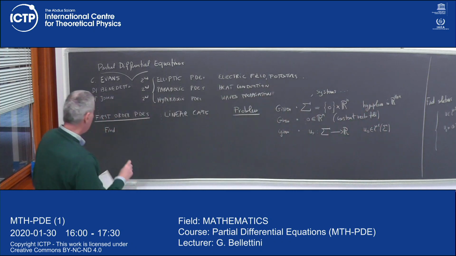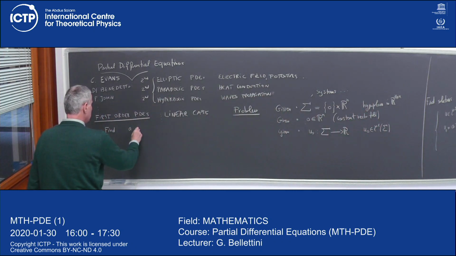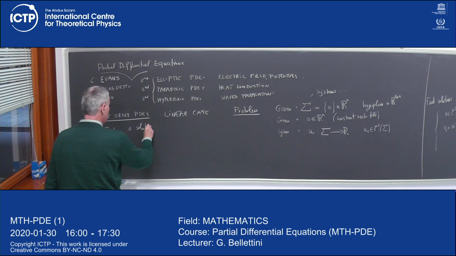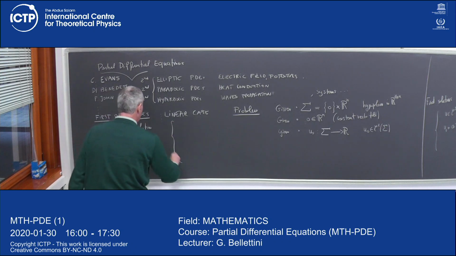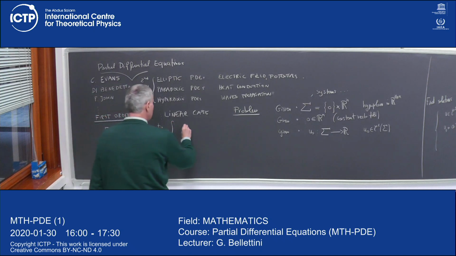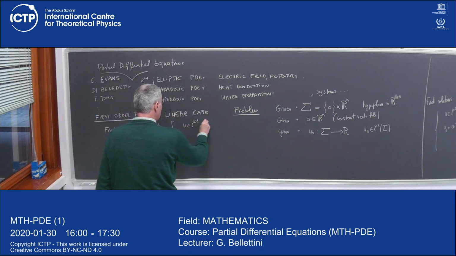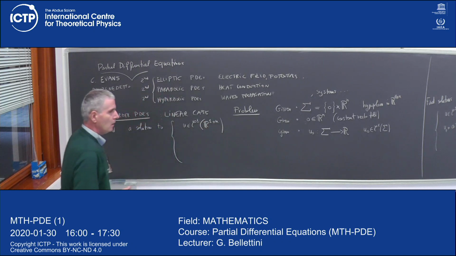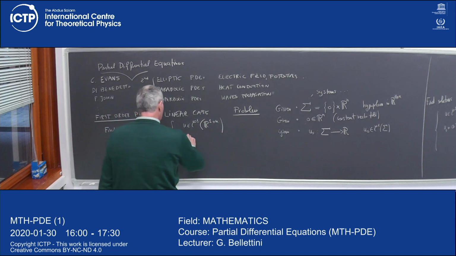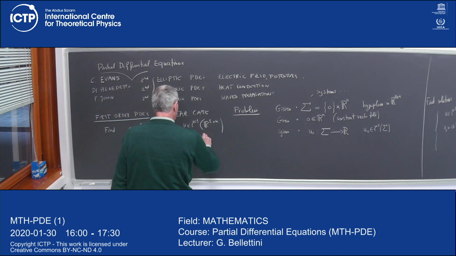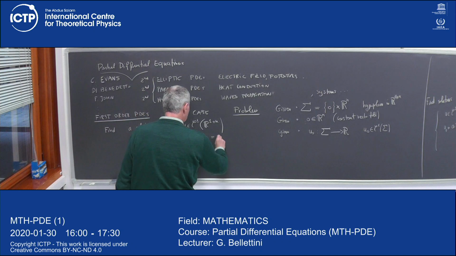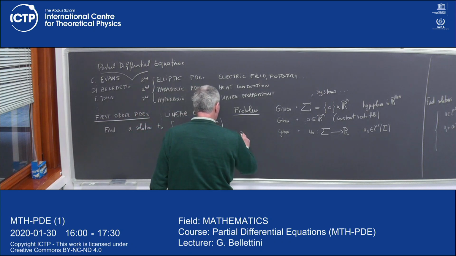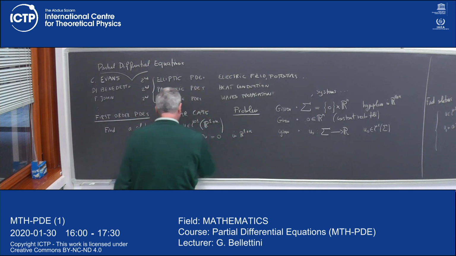Find u, a solution, maybe unique in this case, to the following problem. u is C1 on R^{1+n}, u_t plus a dot grad u equals 0 in R^{1+n}, and u equals u0 on sigma.